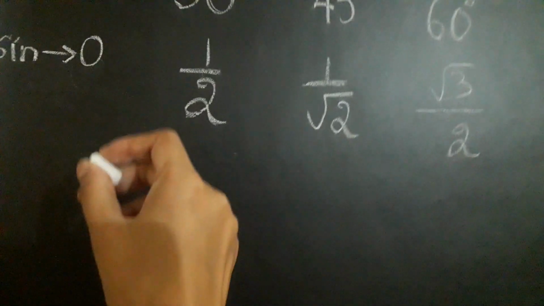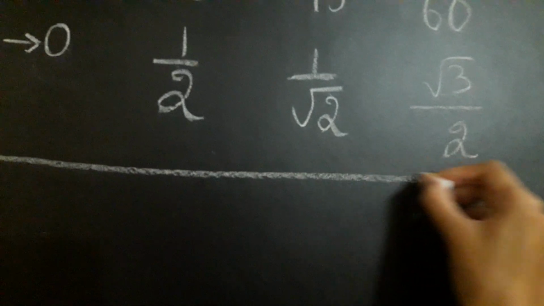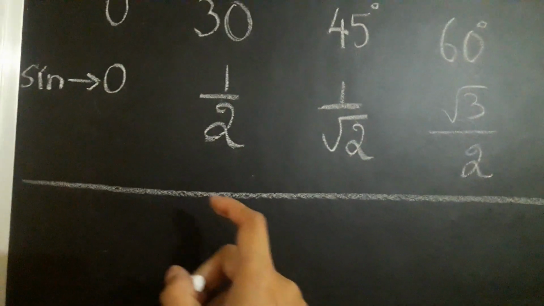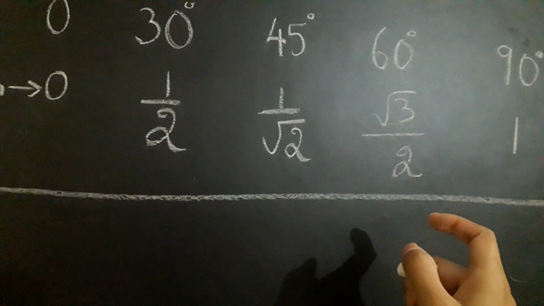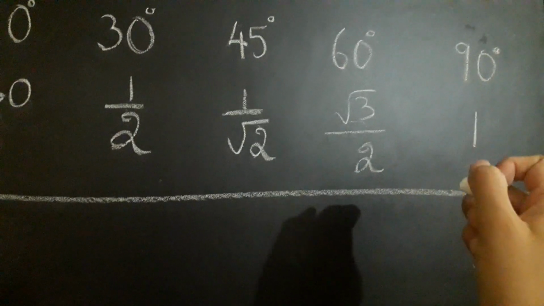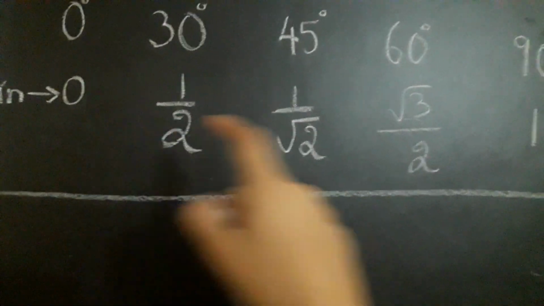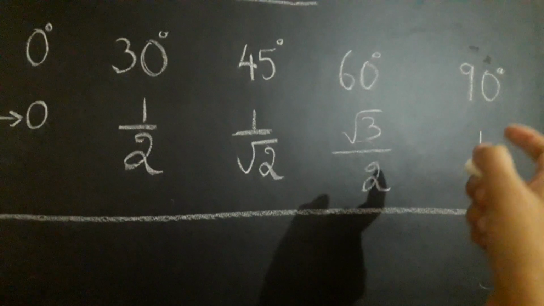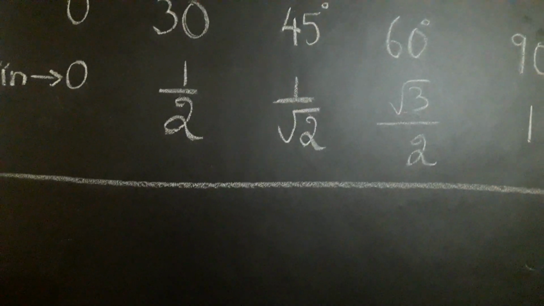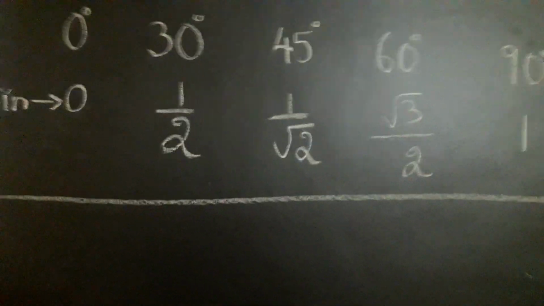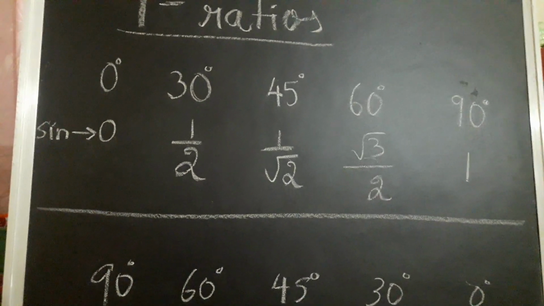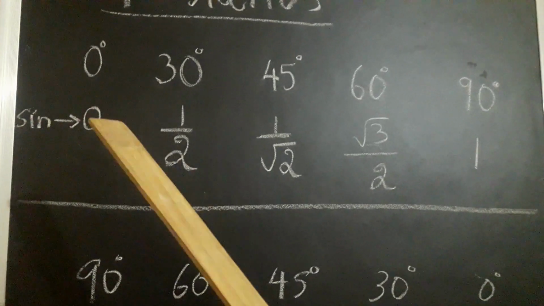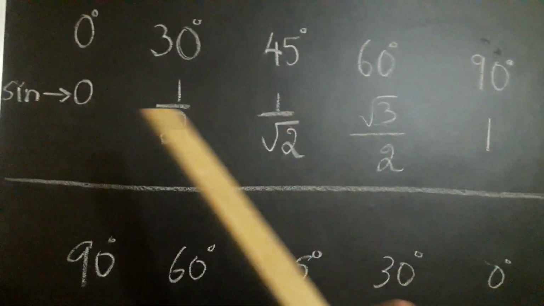Alright, now I'll do a small rearrangement. I will write the same set again, but now I'm going to write the angles in descending order and see what happens, starting from 90. So I've got my sine ratio set.